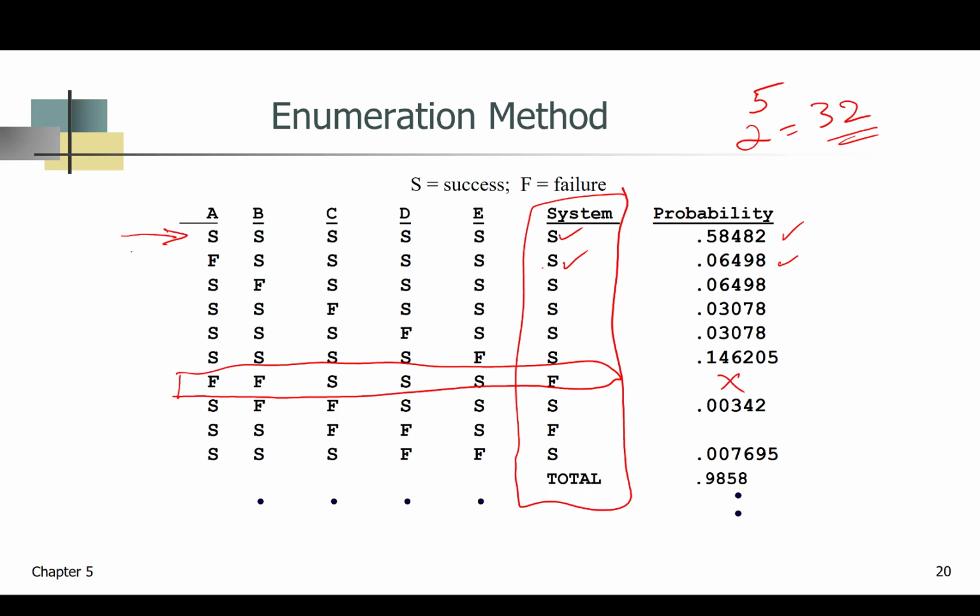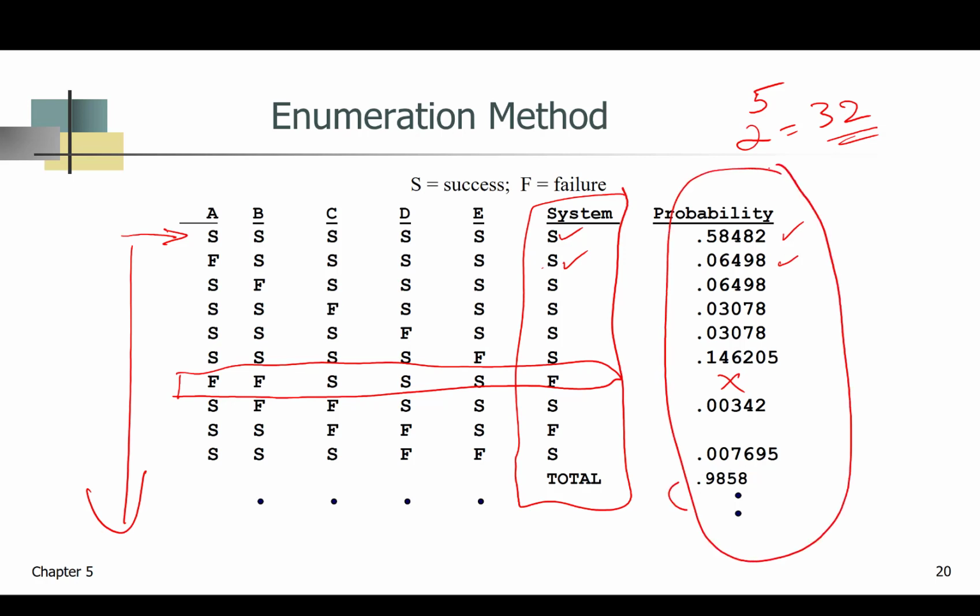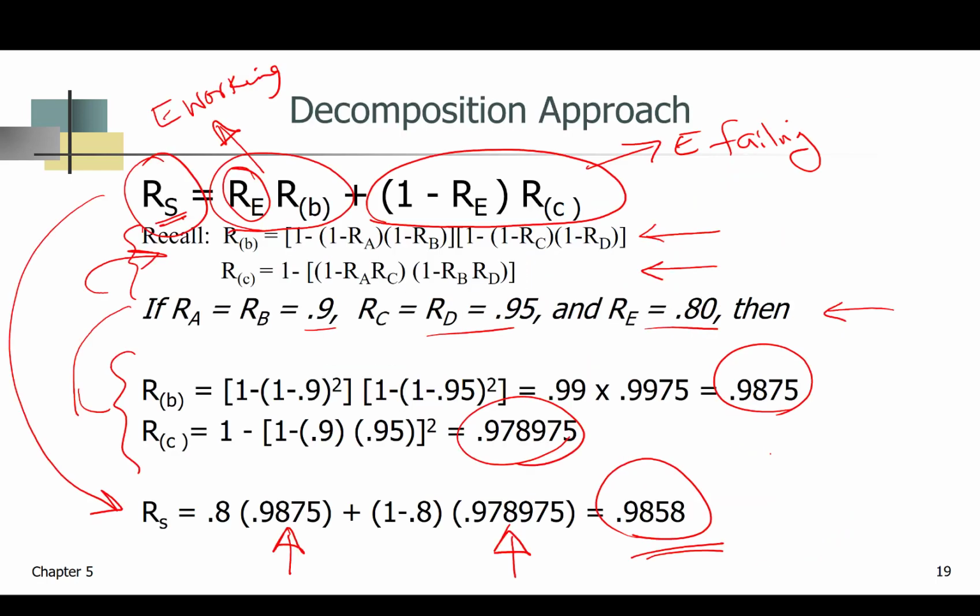And this list will go on for 32, and ultimately at the end, if we add up the probability of success for the system, we will get the 0.9858, which is what we found in this previous slide.